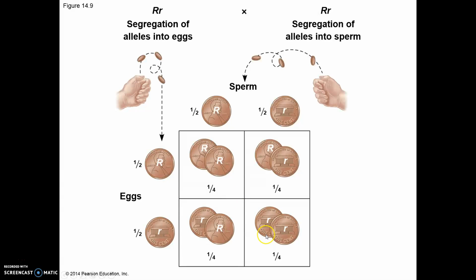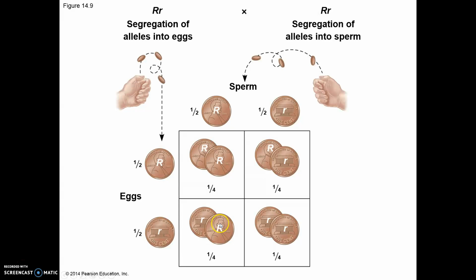Now, let's notice here that if you set aside the fact that this little r comes from the egg, and over here this little r comes from the sperm, it's still big R, little r. So if you look at all these probabilities, it seems like there's twice as much possibility of getting big R, little r, because there are two possible ways of getting it.